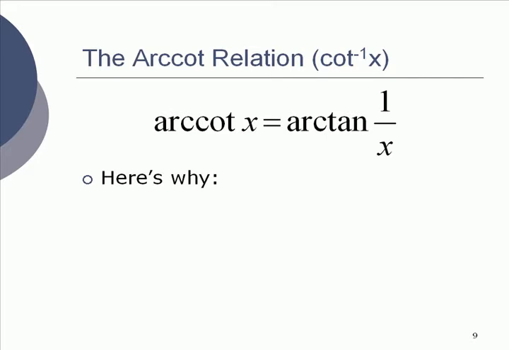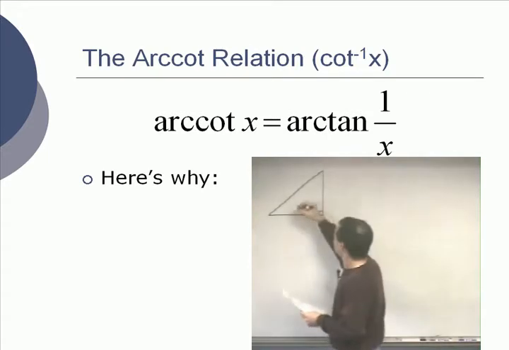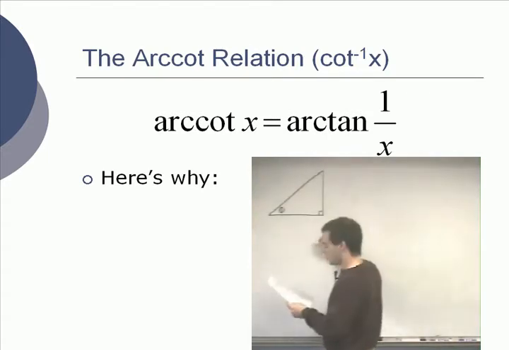Here's the bread and butter of what you need to know about inverse trig functions besides sine, cosine, and tangent. Arccotangent of x is equal to the arctangent of 1 over x. And here's why. I'm going to draw you a picture to help you remember this. Let's take this triangle and call that theta. We're going to make this side 1 and this side x.